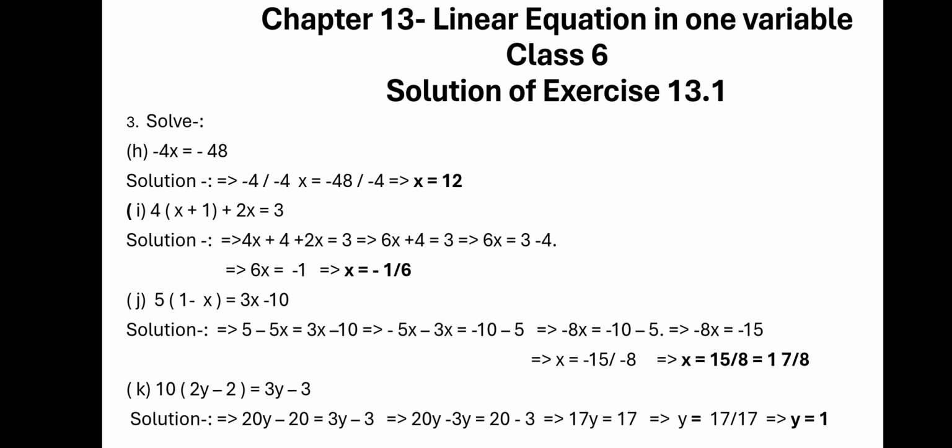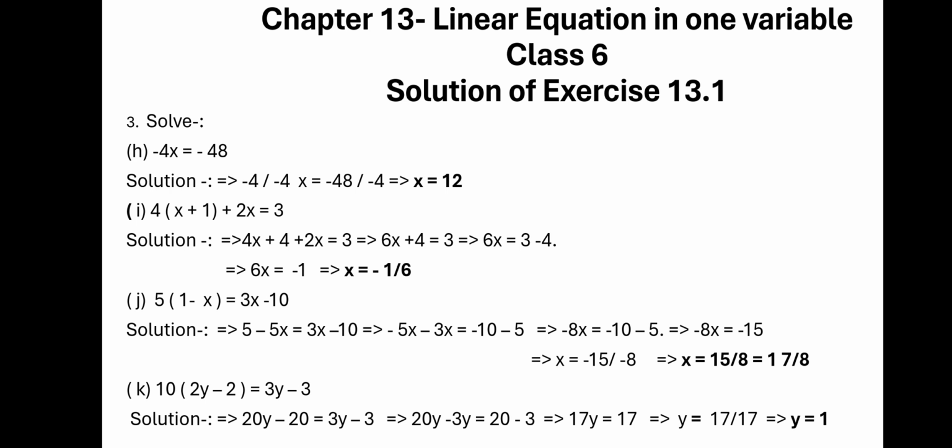So we are transposing plus 4 to right hand side as minus 4. So constants are on one side and variables on one side. So 6x equal to negative 1, and therefore x is equal to, when we are dividing negative 1 by 6, that will give you negative 1 upon 6. That is the solution. x is equal to negative 1 upon 6.